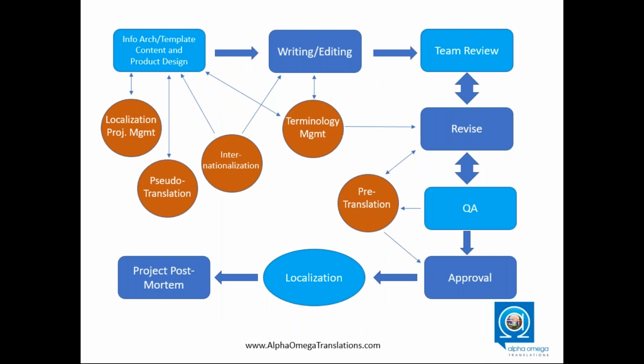The other thing in the localization process is that each one of these steps is performed by a different person, whereas in content development, the whole process might be performed by one or two people. Because there's a separation in the process, you can get a lot of different results.